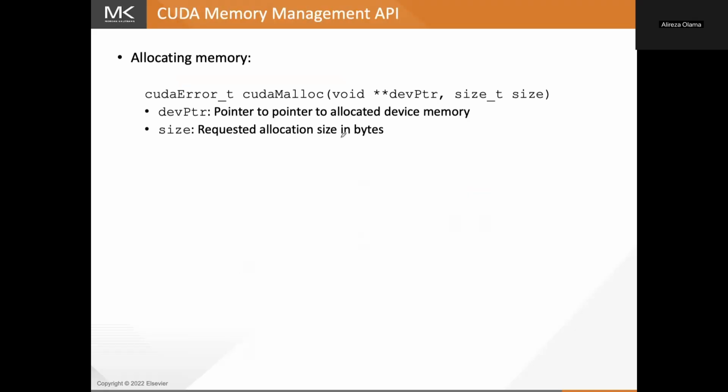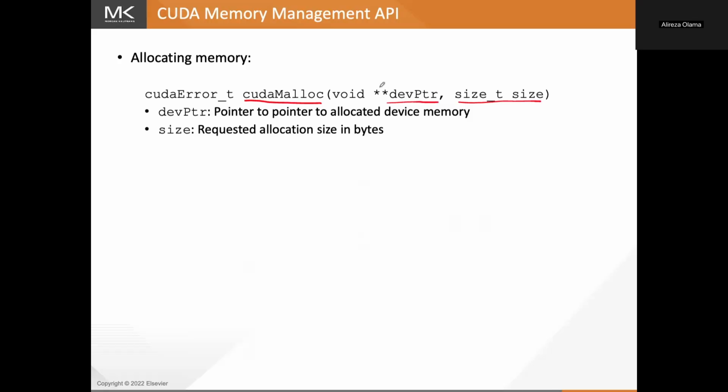CUDA provides some API calls after you install CUDA, and these API calls are known by the CUDA compiler. So cudaMalloc is one of these API calls, which is used for allocating memory on the GPU. It takes two arguments: the size of the data, similar to malloc, and a double pointer, the pointer that you want to point to your data.